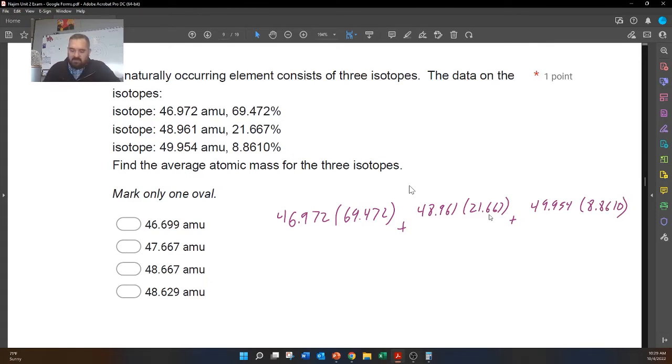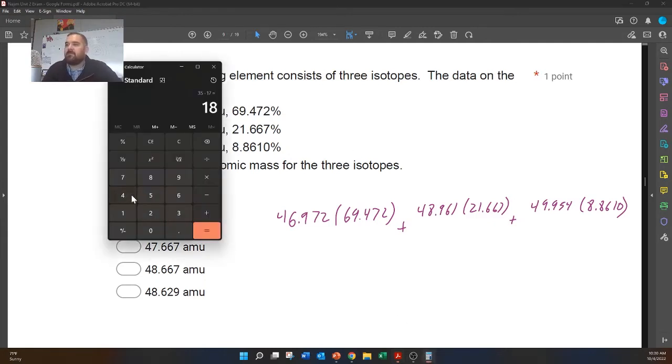Actually, this calculator's bad. I'm just going to use it here. 46.972 times 69.472. We have to divide by 100. And that gives us 32.632.